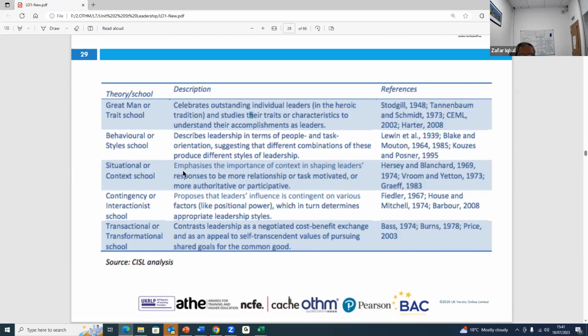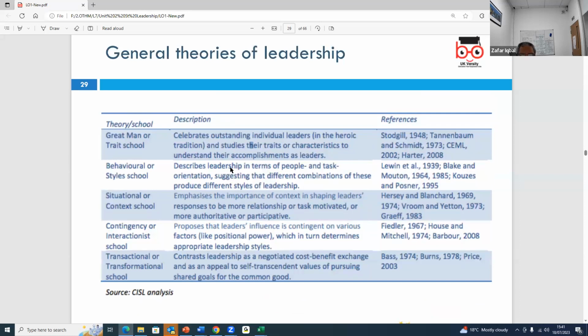We looked at these in passing, but for example, if you look at the great man theory, they look at leaders as people who have particular traits, particular characteristics, and a particular understanding of their accomplishments as leaders.